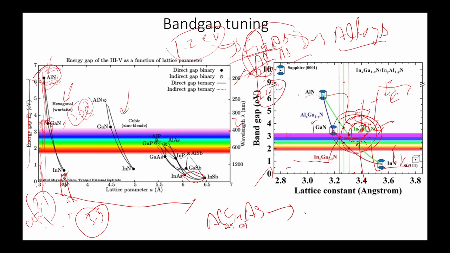The electrons will be confined in this region and the holes in this region, so they will recombine and emit light. This is only possible with compound semiconductors, with this kind of structure.